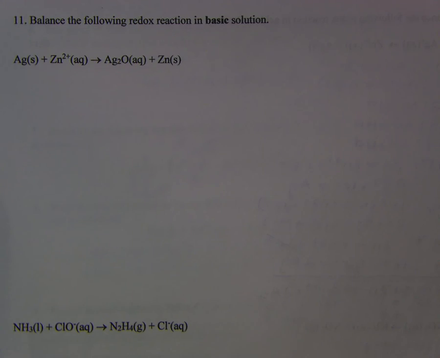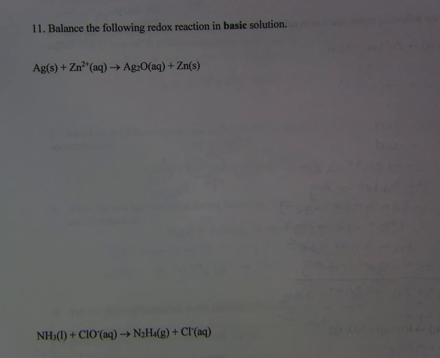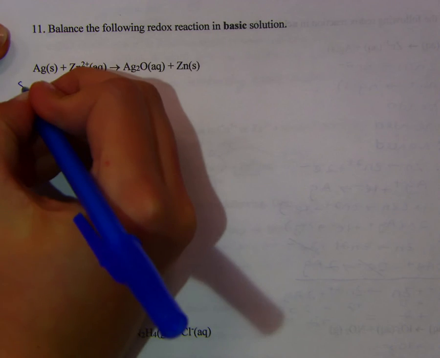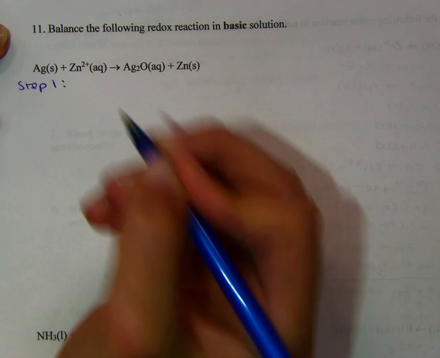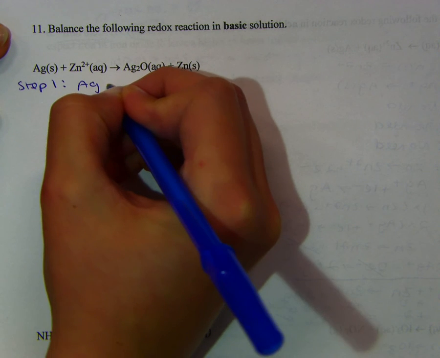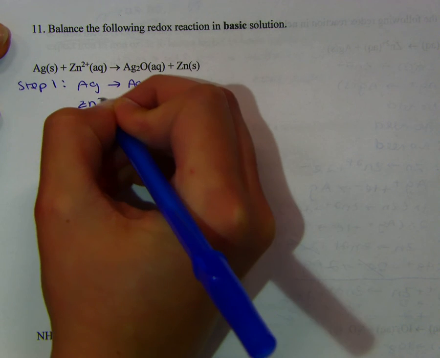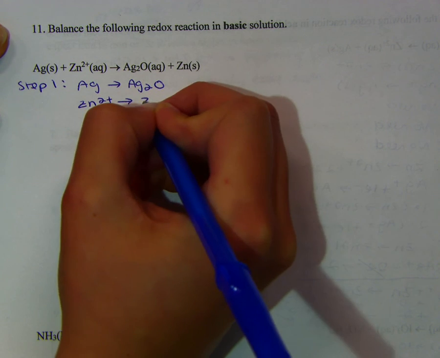Whew. Okay. So, step 1 is the same as always. I write them out, and I'm still going to suggest that we don't balance anything. So I've got Ag goes to Ag2O and then Zn2 plus goes to Zn.